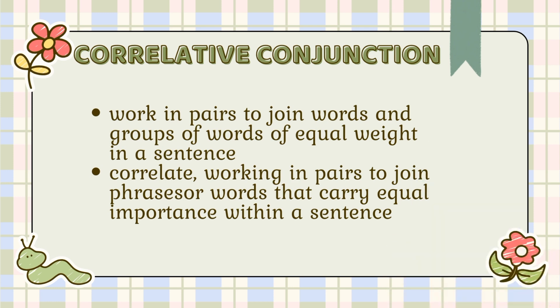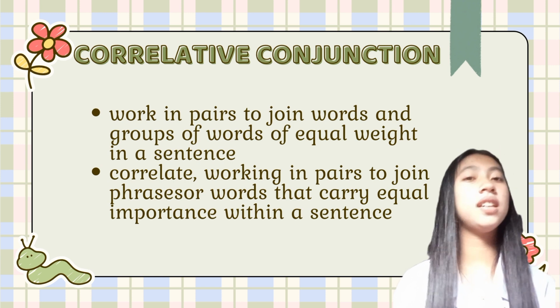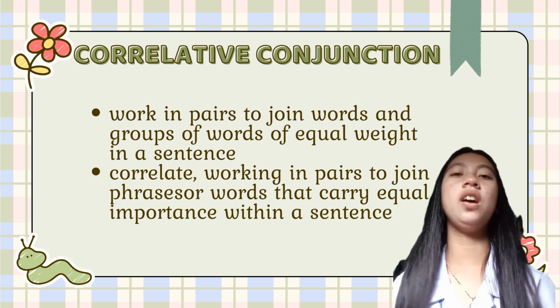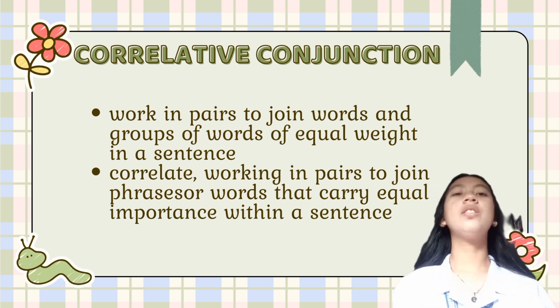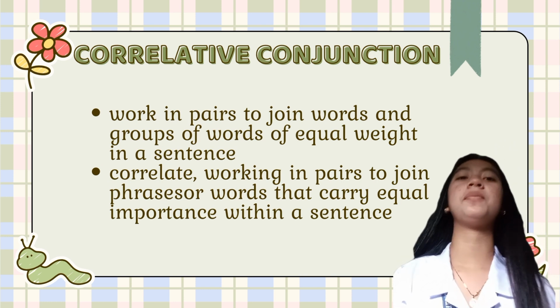Correlative conjunctions work in pairs to join words and groups of words of equal weight in a sentence. They work in pairs to join phrases or words that carry equal importance within a sentence. So, the last conjunction is the correlative conjunctions.